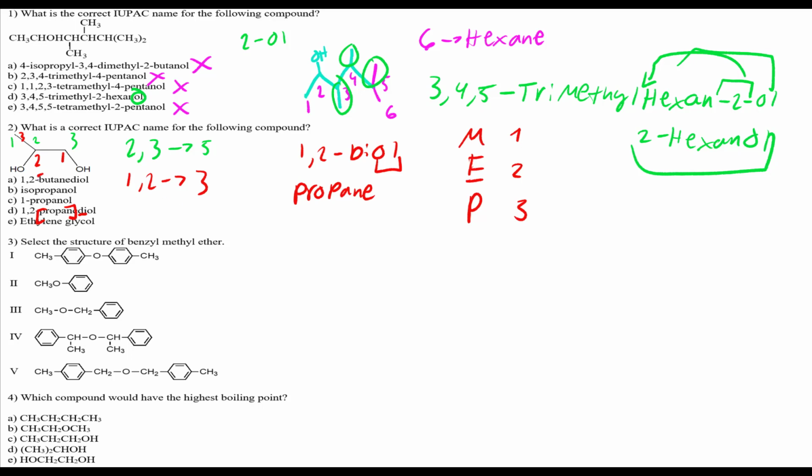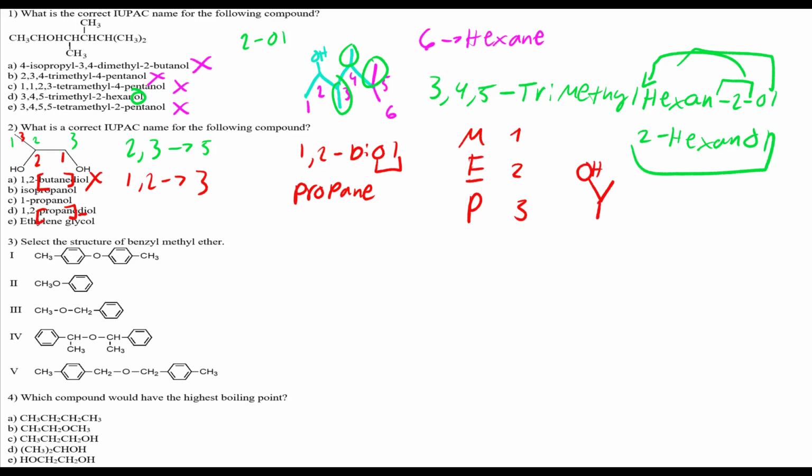See, this is wrong because you don't have 4. Butane means 4, and that's incorrect. Now, isopropanol, iso typically is like a Y shape, but if you were to consider this as a Y shape, how would you name it? Right? How would you name this? And you're saying that this is like isopropanol.